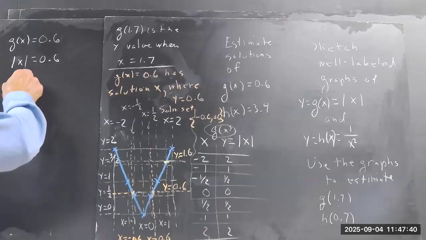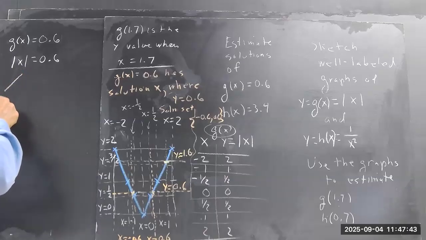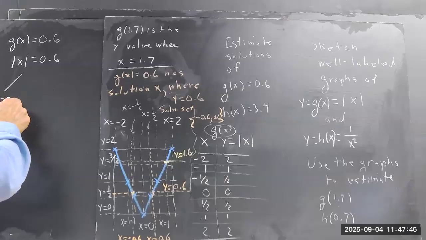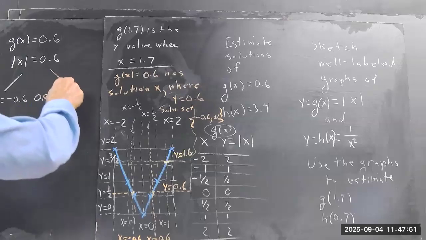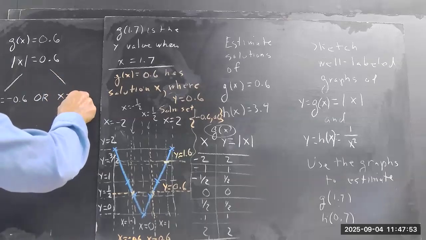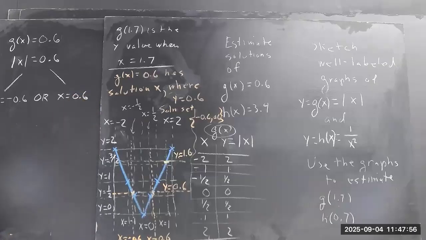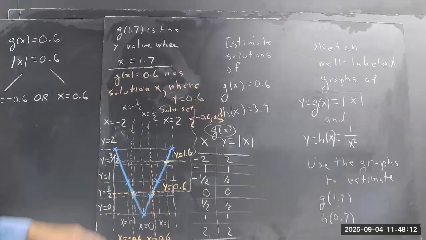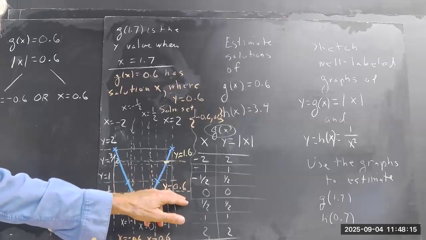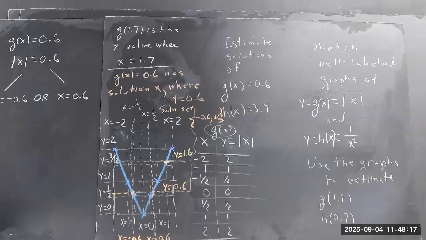So the way I write this, I split this into two equations. I put the word or between them. This might not be exactly the way your instructor writes it if it's a different section, but it's equivalent. The point is, from this graph, we see that there are two solutions, because the line y equals 0.6 hits the graph in two points.